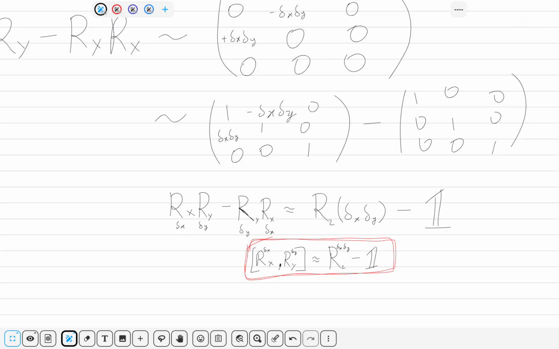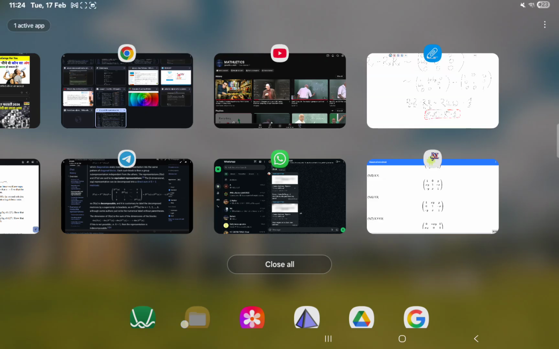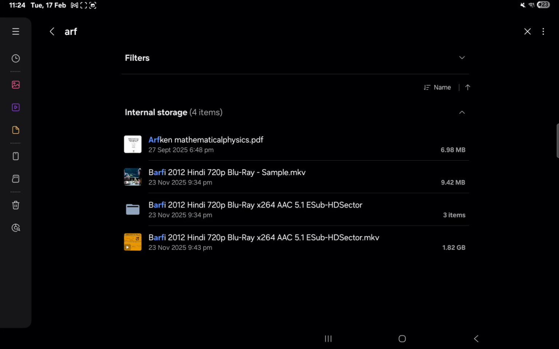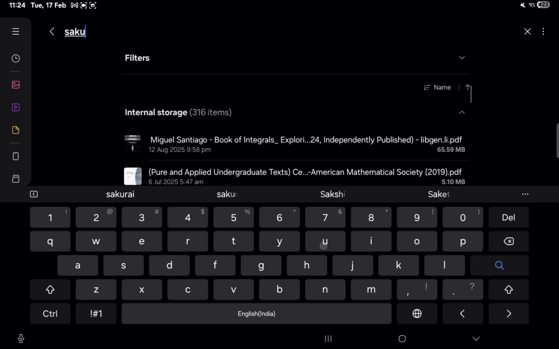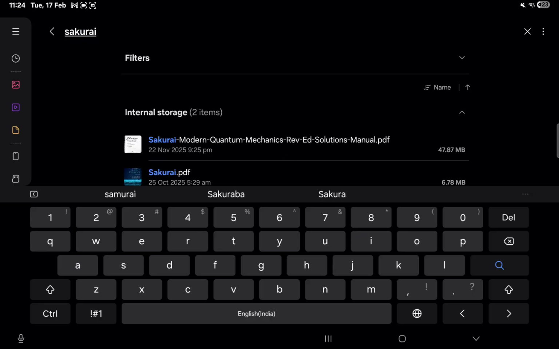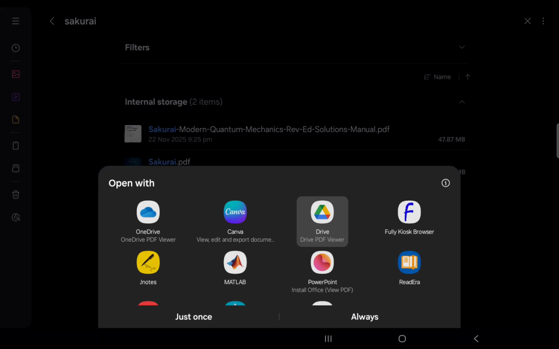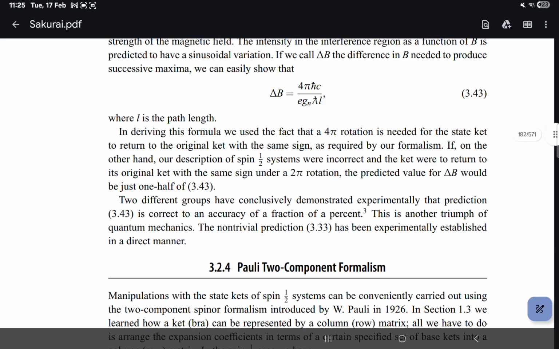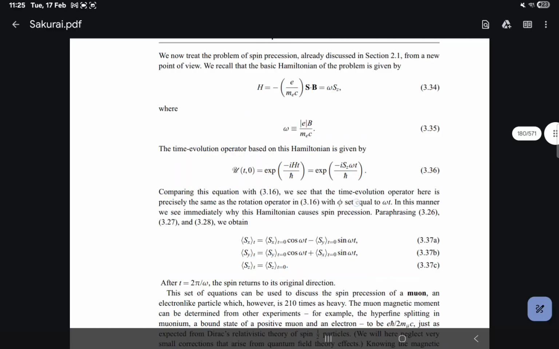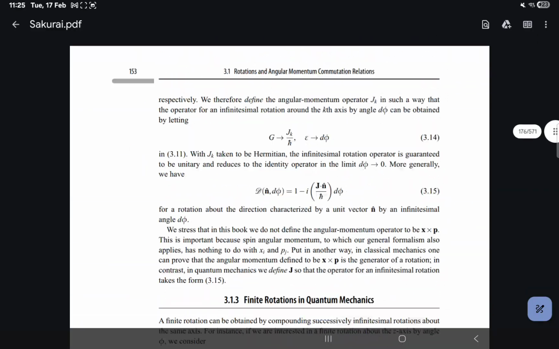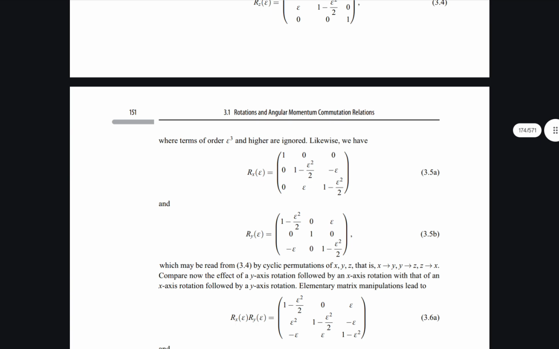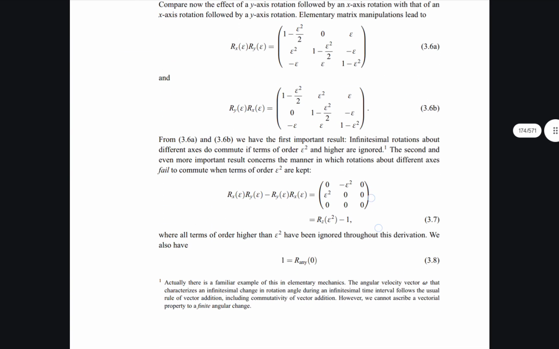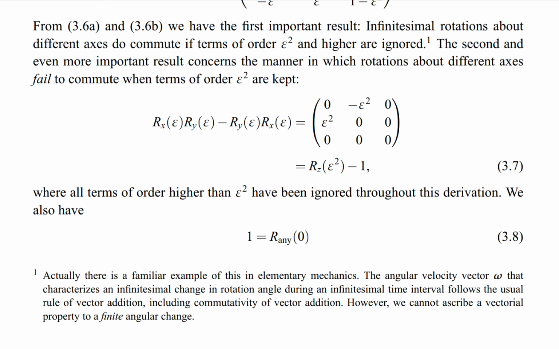Something similar was written in J.J. Sakurai, and let's check that. So you can see it is written, the same thing.